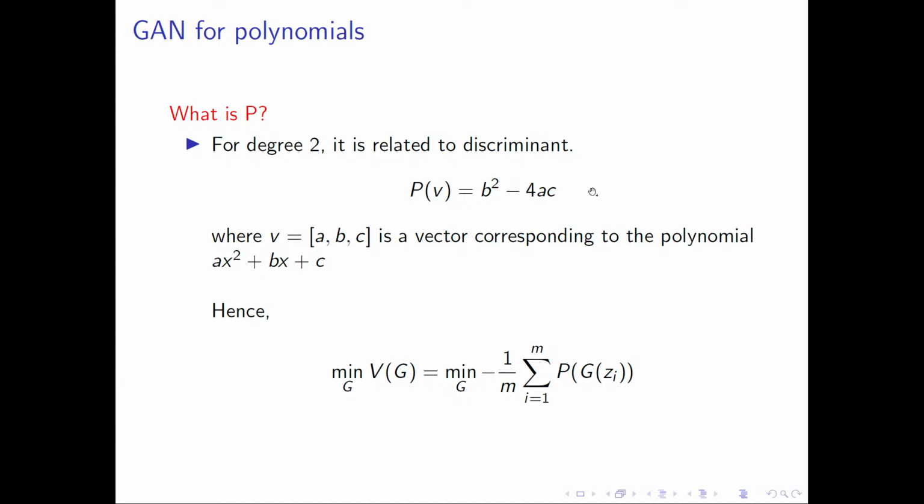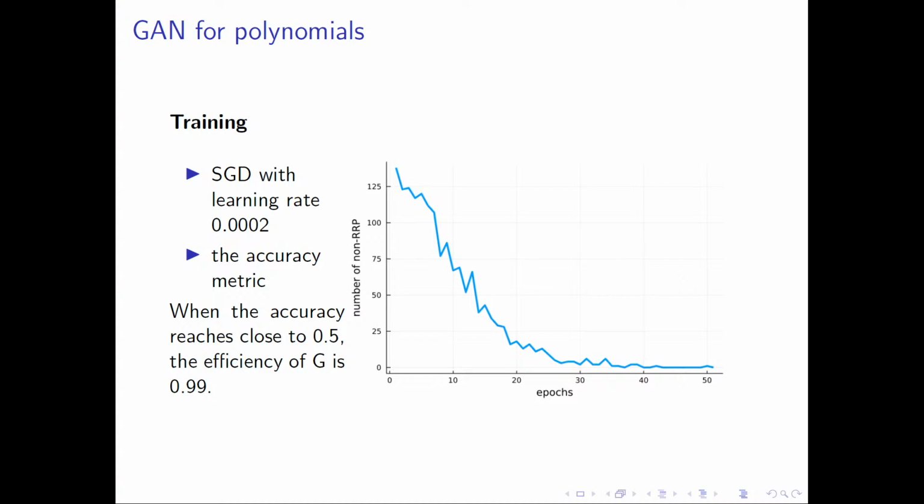But if it is greater than or equal to 0, this is a real rooted polynomial. So we want to maximize this function, so we want to minimize minus the mean of this function. This is our objective function in here.